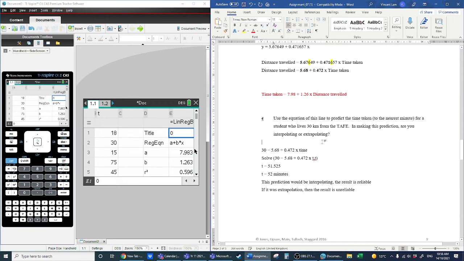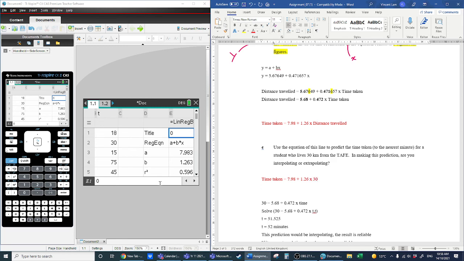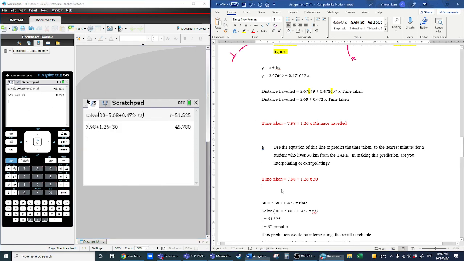And then in here, because the formulas change, time taken is equal to 7.98 plus 1.26 times 30. It's a bit easier now. You don't need to use solve, which is 45.780.